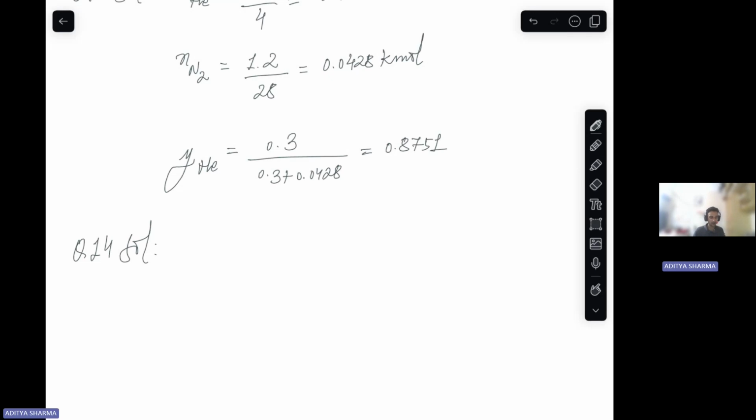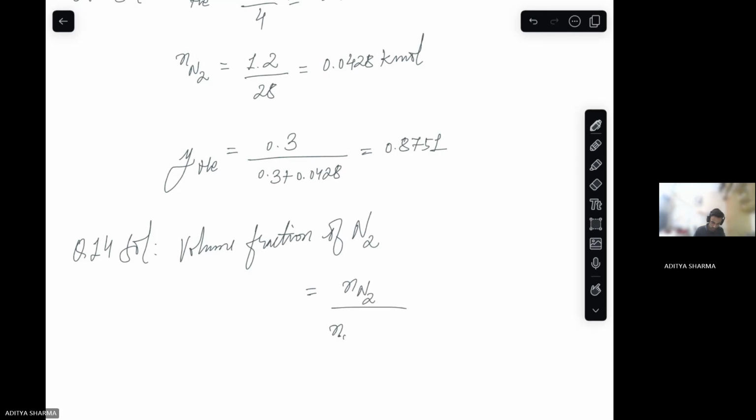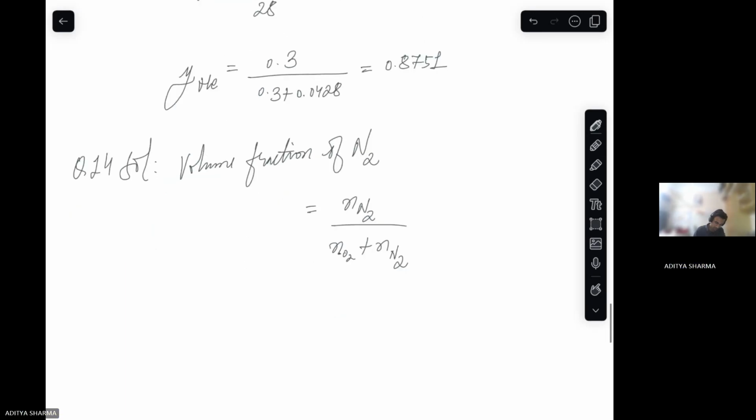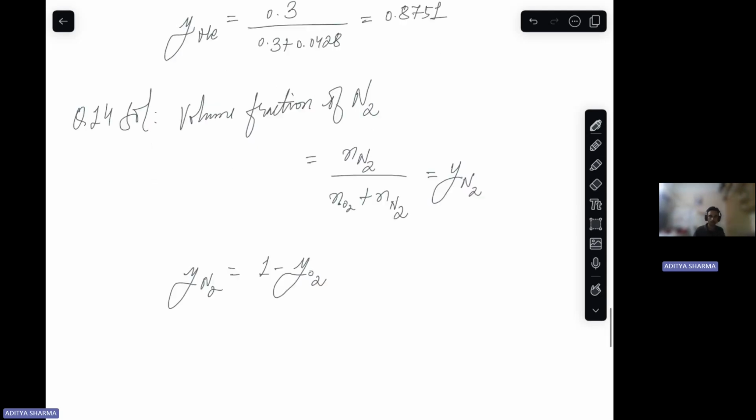So this we have learned. So volume fraction of nitrogen equals to Y of N. Y of N is also 1 minus Y of O2 because only two components are there.